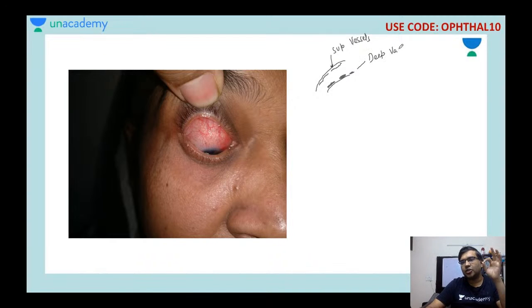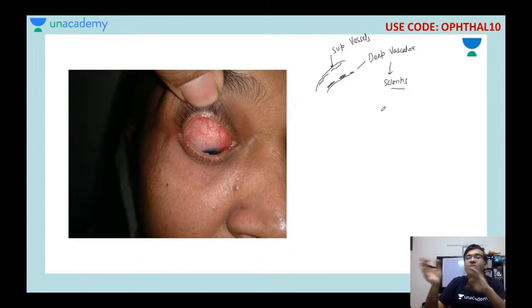If this is clear to all of you, just give me a thumbs up. So conjunctiva के नीचे superficial vessels होती हैं और sclera के ऊपर deep vessels होती हैं. When the deep vessels are inflamed, this means the patient is having inflammation of the sclera. So patient is having a scleritis here. When the superficial vessels are inflamed, this means the patient is having episcleritis.